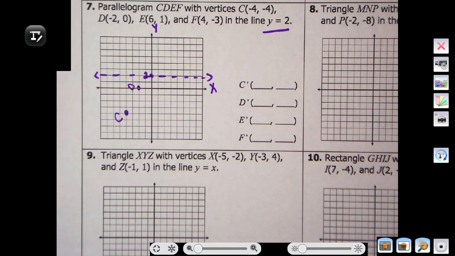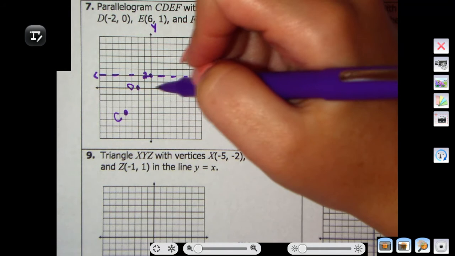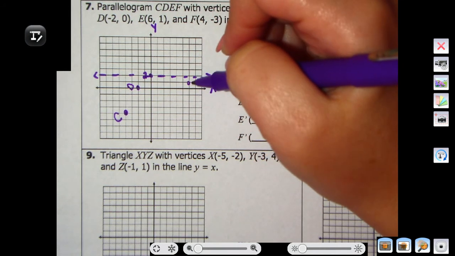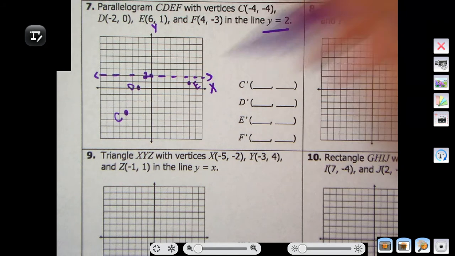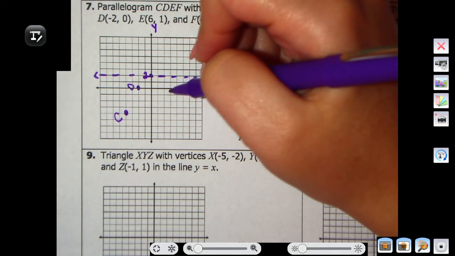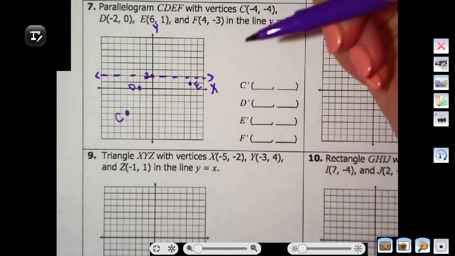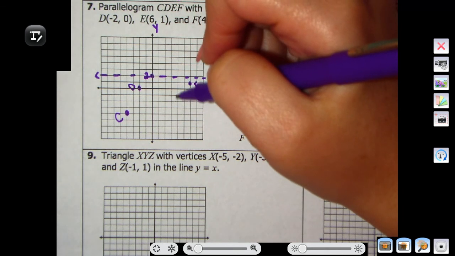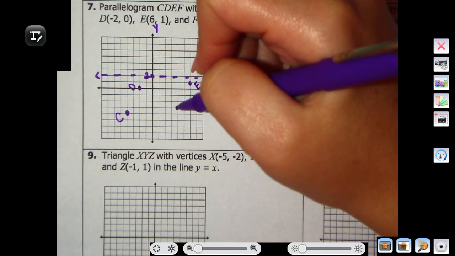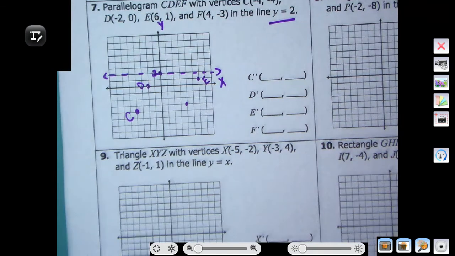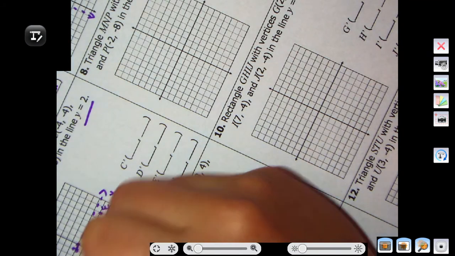And then E, which is 6, 1. So 1, 2, 3, 4, 5, 6, up 1. That's E. And then F, which is 1, 2, 3, 4, negative 3. 1, 2, 3, 4, 1, 2, 3. Okay, so this is a parallelogram. So I'm going to connect these points.